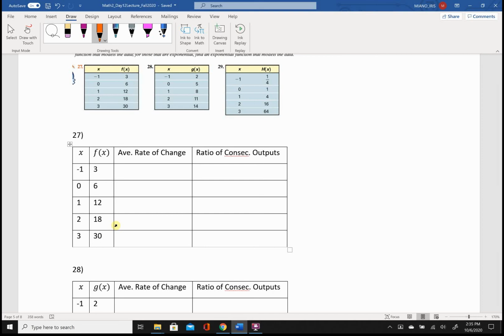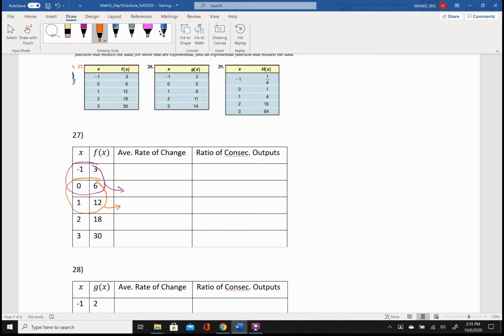That'll be basically looking at the slope of these two lines here. Sorry, let me circle this right here. For these two ordered pairs, -1, 3, and 0, 6, I'm going to find the slope and put it here. Now for the next average rate of change, I'm going to use these two ordered pairs and put the slope here. So hopefully that makes sense.